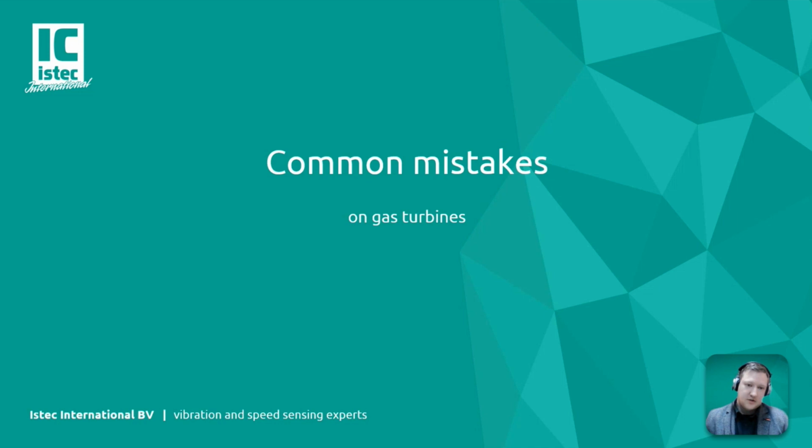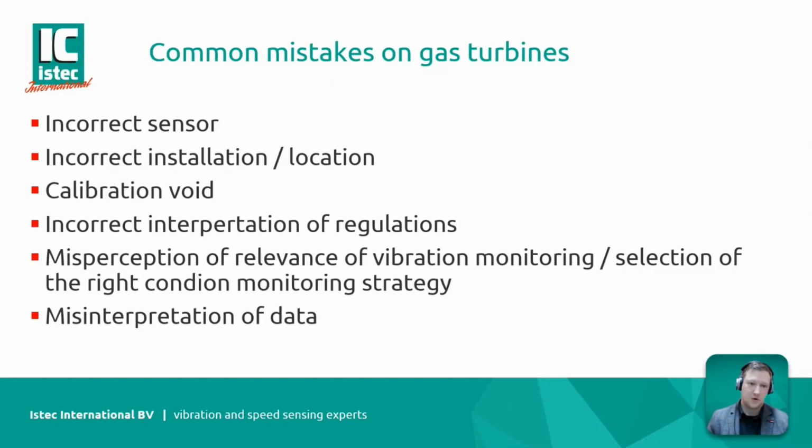Common mistakes. So we have hardware, but there are also a lot of things you need to get your hands around when you want to implement it. There are some common mistakes which are often seen, which you can also see as a checklist to do the opposite. First, incorrect sensor.